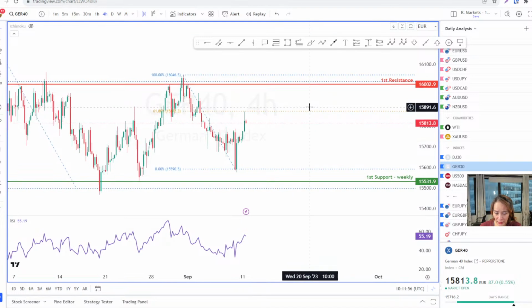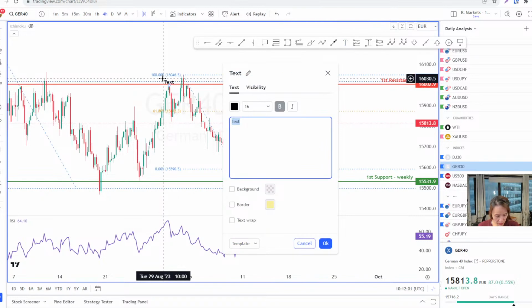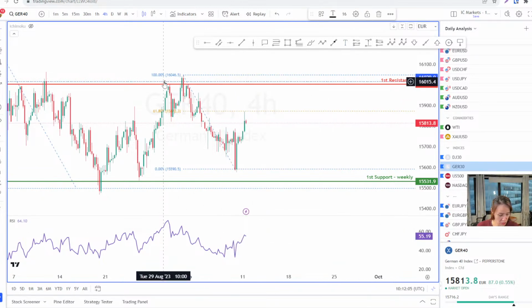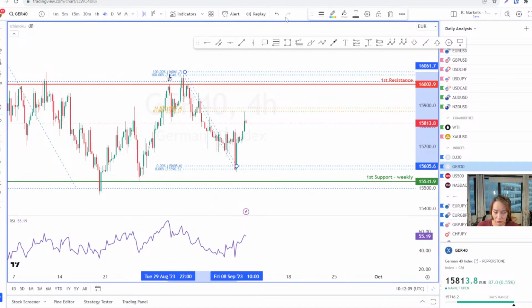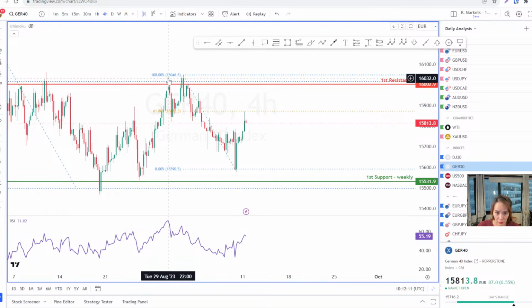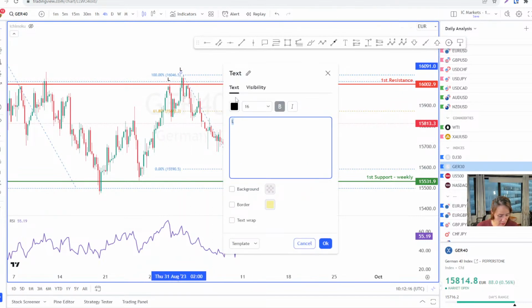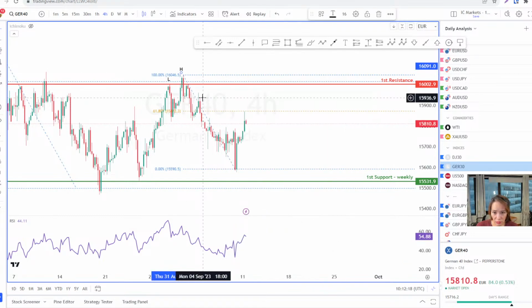QM or neckline, you know that this is your left shoulder, right? Like this is your left shoulder, and then your head, and I think they already created the right shoulder here.